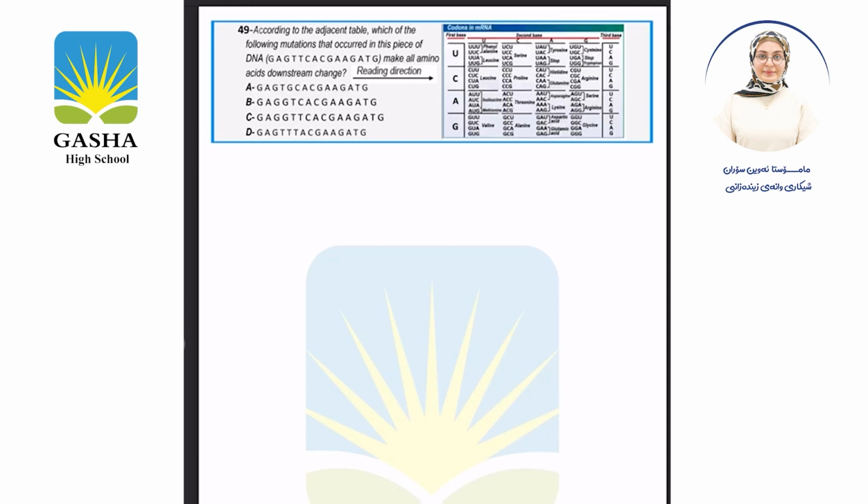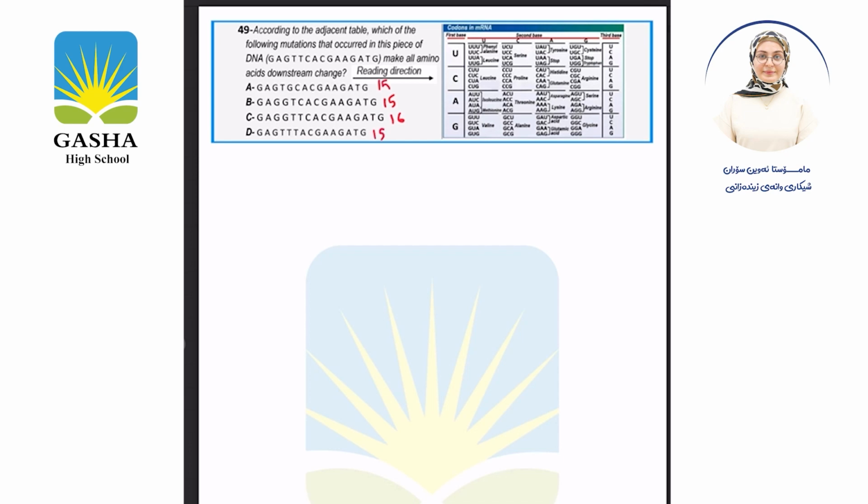So adding and deleting is a good key for answering this question. First of all, let's count all the base pairs in the multiple choice. All of them are 15, sorry. Only C is 16. All of the others are 15.